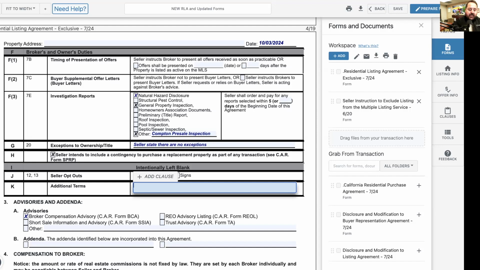If that were the case, you could write in here, "Seller may cancel this agreement in writing after 30 days, after 90 days," whatever it is. You could put that in there if you wanted to. I know that there are some agents that do that. So this is kind of like the catch-all for anything that you want to add to the terms of this listing agreement.